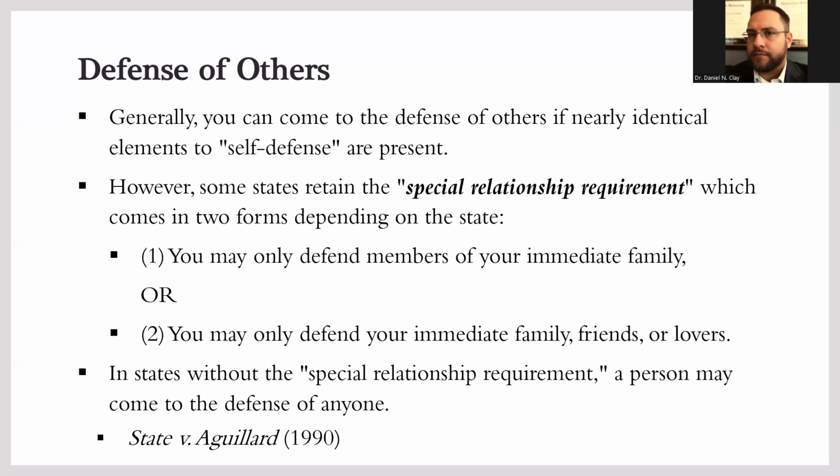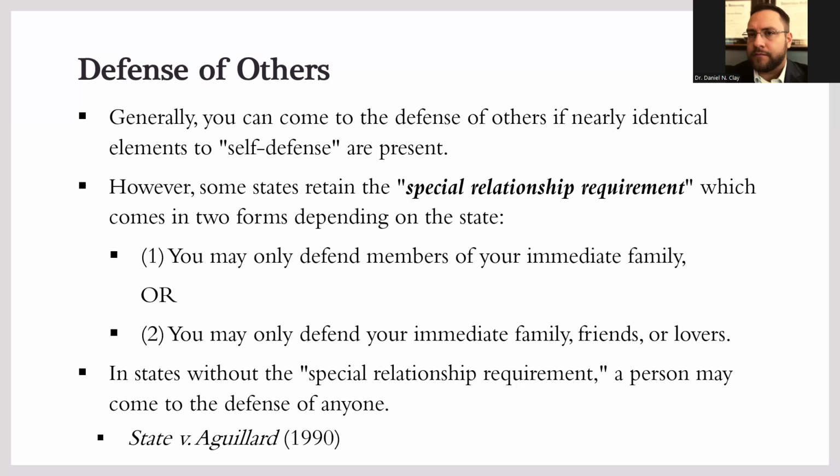You can use deadly force, whatever it is, to help them out. However, in these states, if you see your cousin being hurt, you cannot use deadly force to come to their defense because they are not your immediate family, right? They are a distant family member, which is just rough, right?